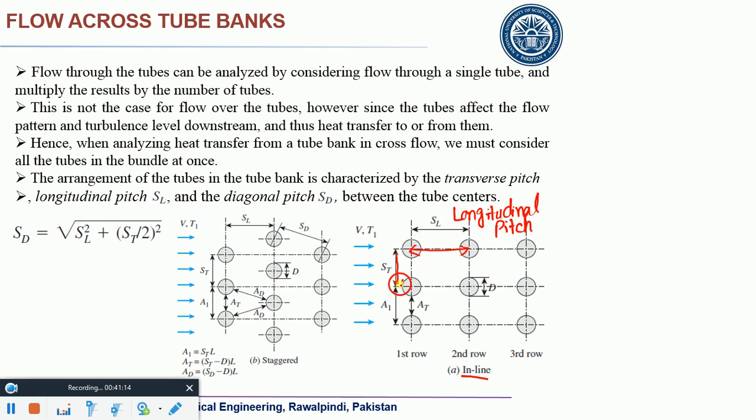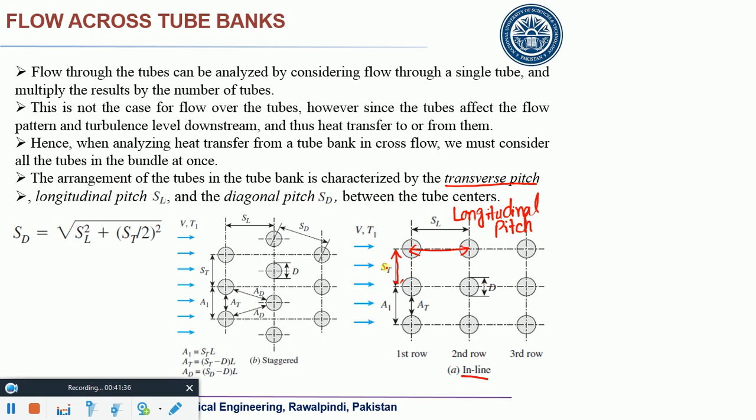Similarly, this vertical gap is known as transverse pitch. Okay. So S subscript L, this is the longitudinal pitch which defines the horizontal distance between the tubes, between the cylinders, and this S subscript T defines the vertical gap, vertical distance.